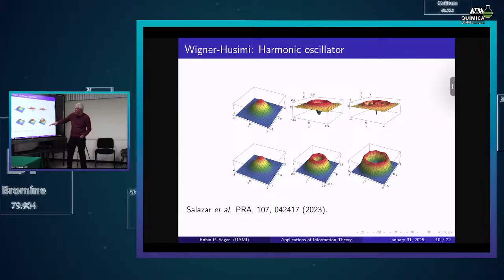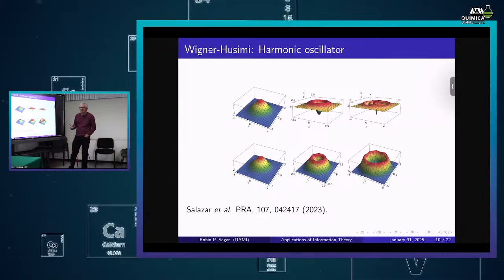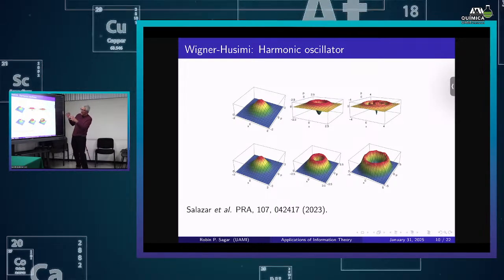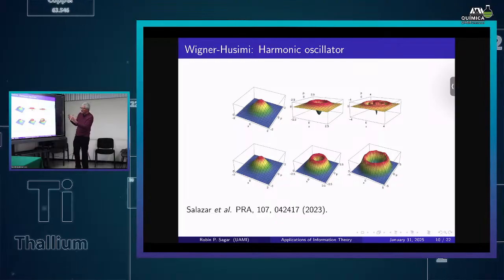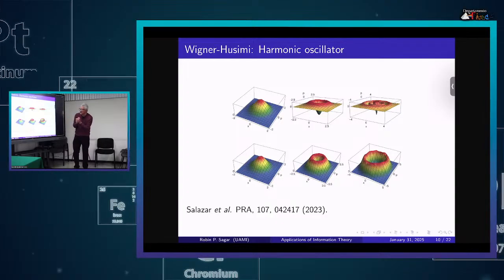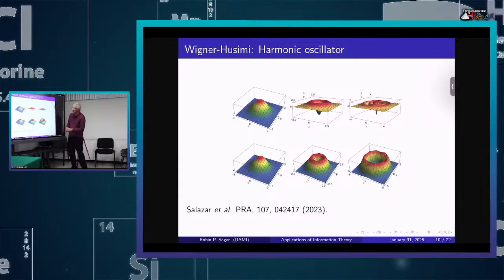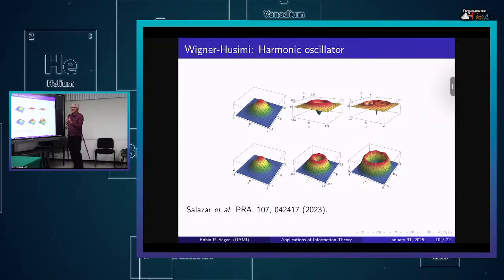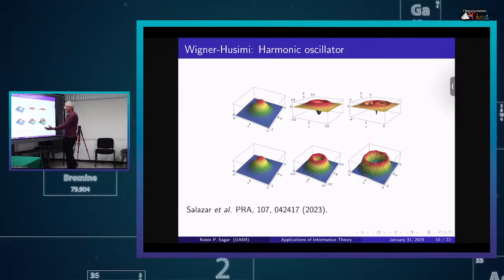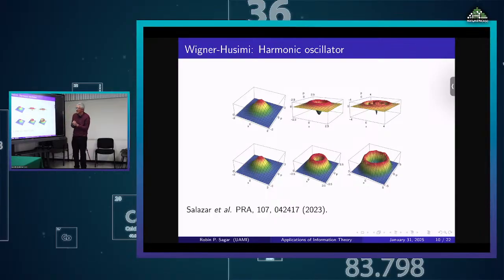In the bottom row, what we have is the Husimi function. This is just qualitative, trying to get what the qualitative features are. Now, in the ground state, which is the left column, you don't see too much difference between the Wigner function above and the Husimi function at the bottom.